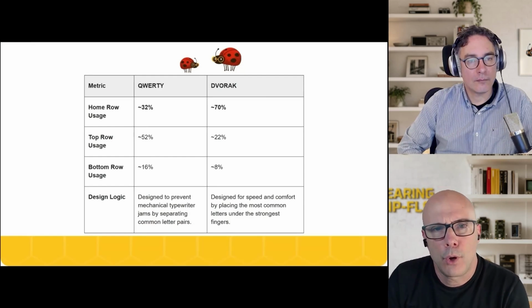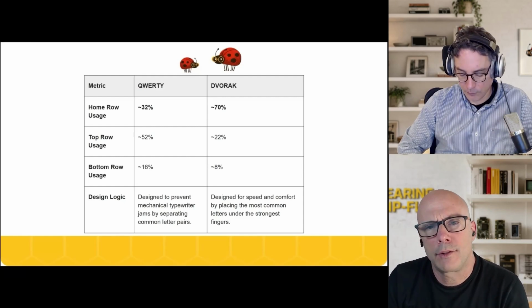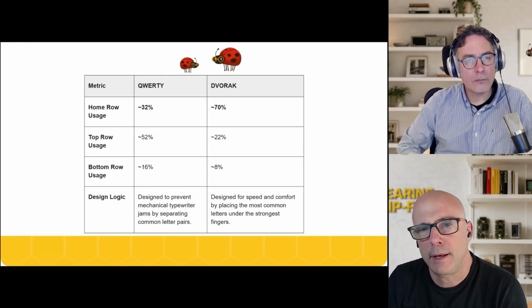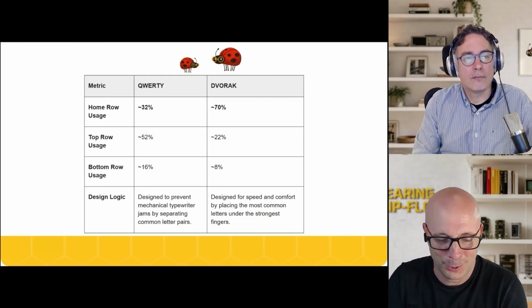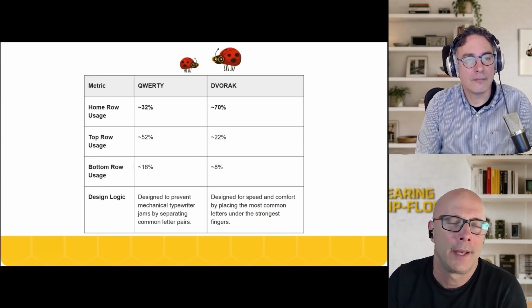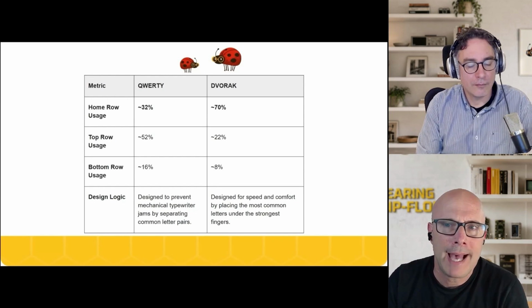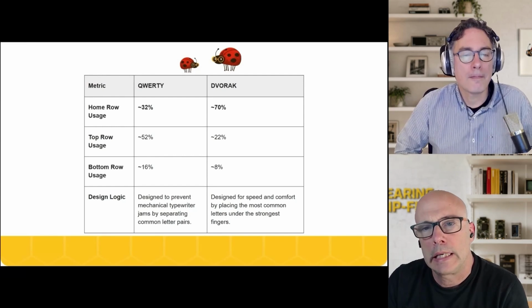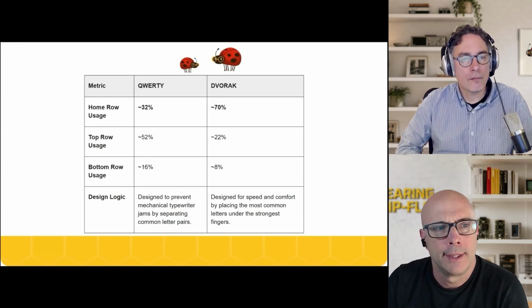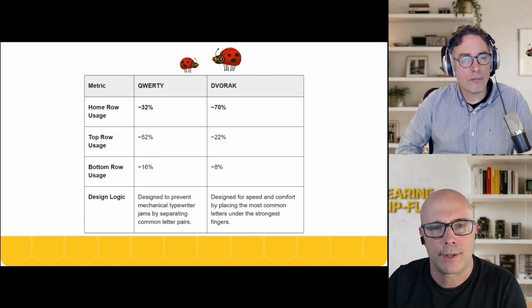Keyboards. The keyboard layout that we are all used to today is called QWERTY because of the letters QWERTY. But back in 1936, there was a different layout called Dvorak. The difference between those two was how the letters were set on the keyboard.